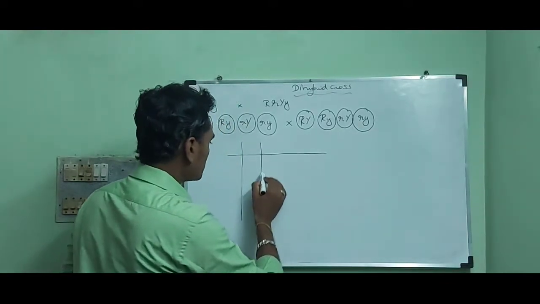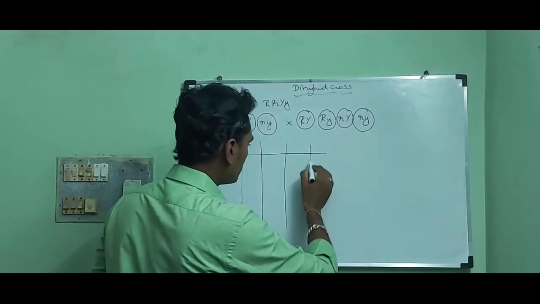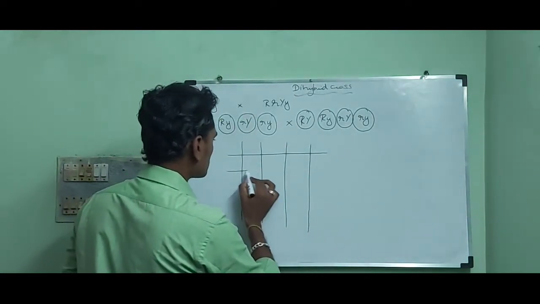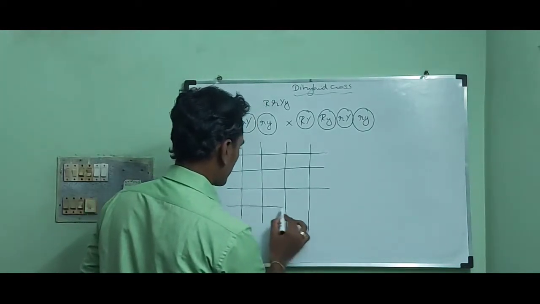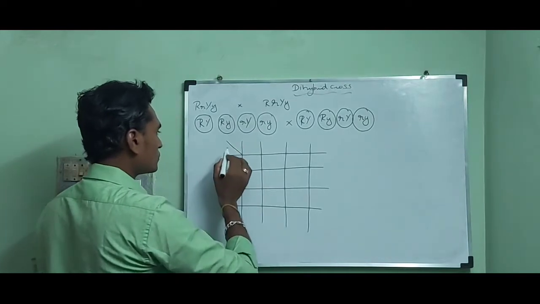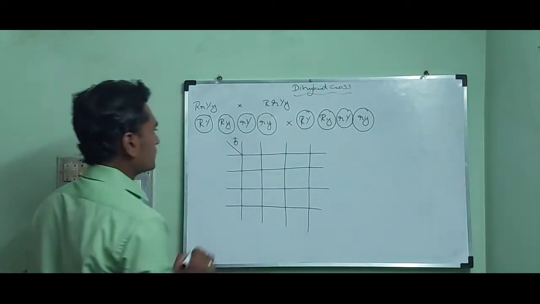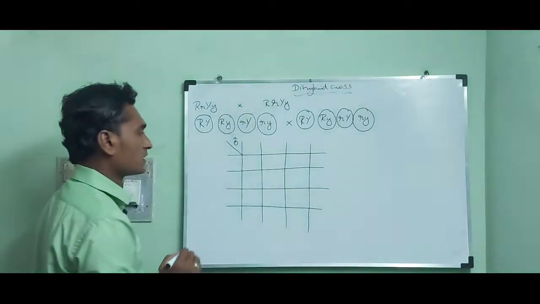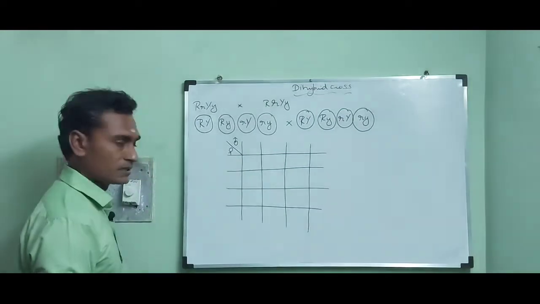You have to draw 4 rows and 4 columns for a dihybrid cross. In rows you have to place the male gametes. In columns you have to place the female gametes.